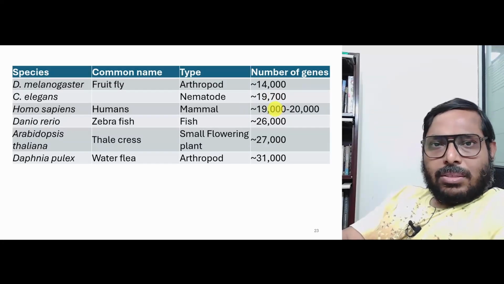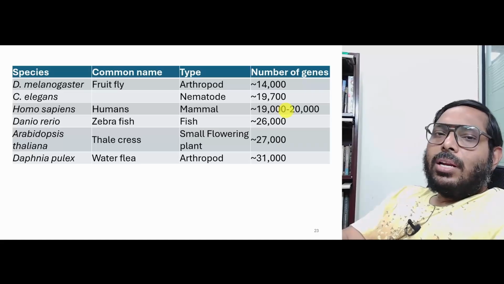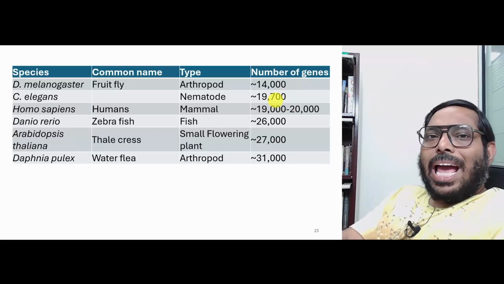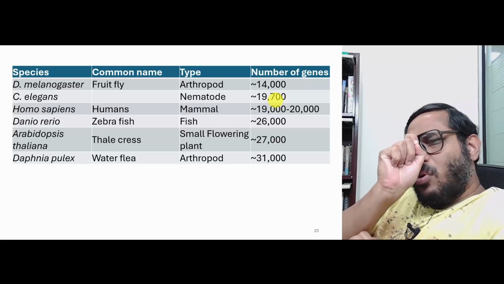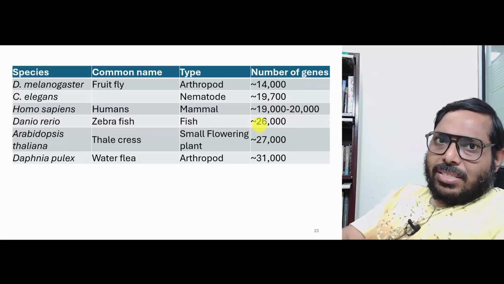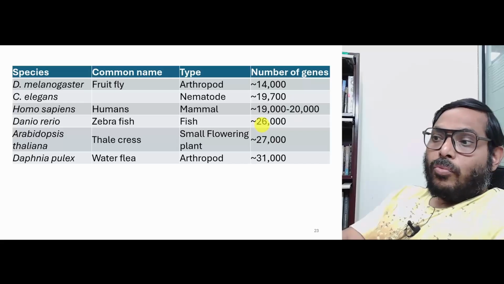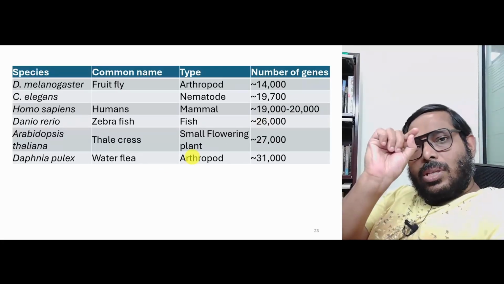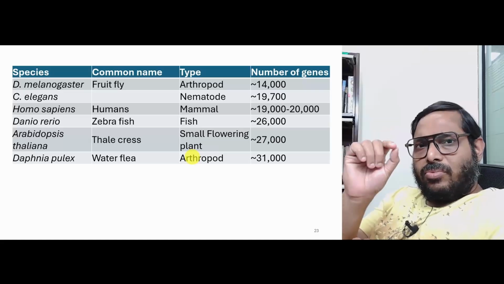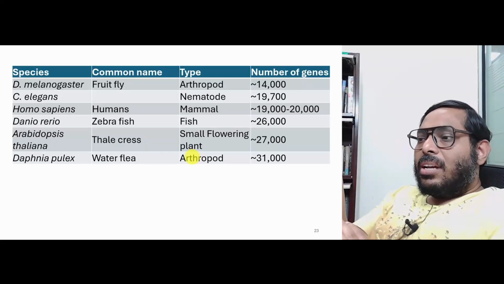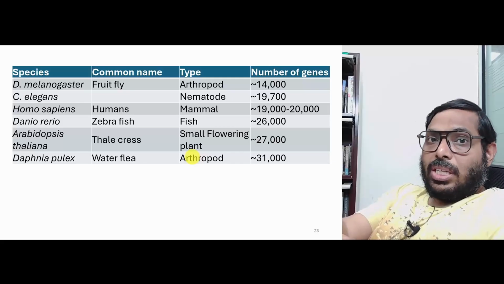Homo sapiens, as humans, we have about 19,000 to 20,000 genes, which is roughly in the same zone as C. elegans, a tiny nematode. Zebrafish have way more genes than us. Arabidopsis, the small plant, thale cress, very widely used by plant molecular biologists, has 27,000 genes.